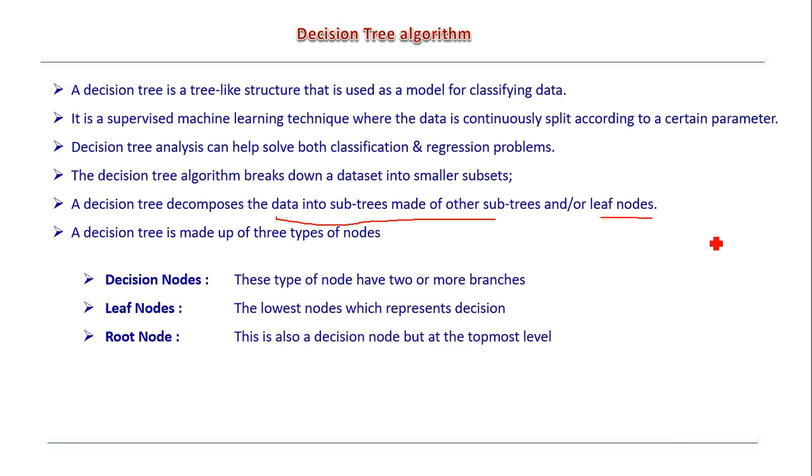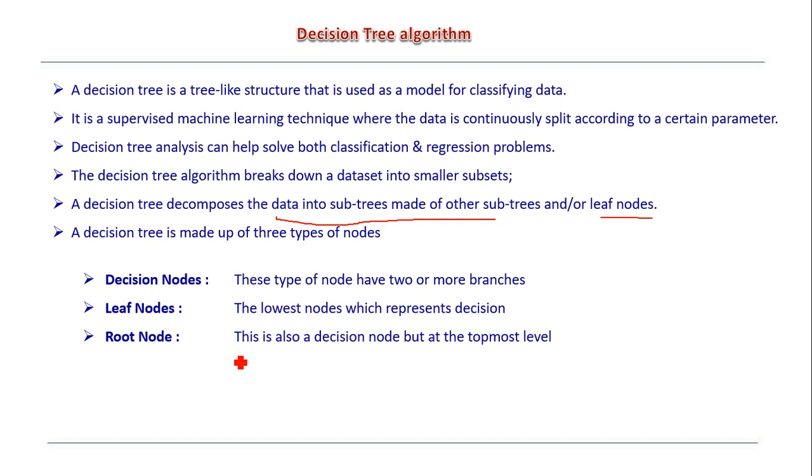The first node is the decision node. This type of node has two or more branches, meaning a left side branch and a right side branch. The leaf node is the lowest node, which represents the decision, because we are classifying our data, either binary classification or multi-class classification. Here I used only binary classification, which is just whether fraud has happened or not. So true or false only, 0 or 1. The leaf node, yes or no.